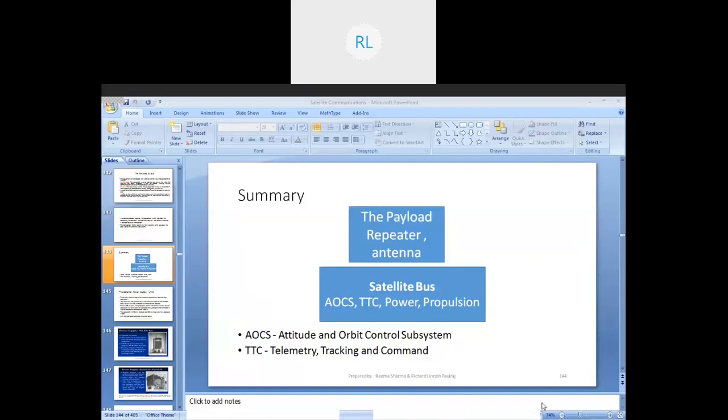No answers. Kavya, can you tell me why a repeater is used? Kavya, you're there?